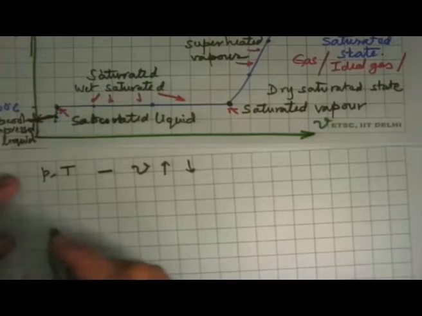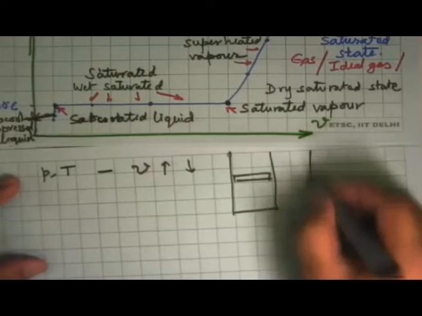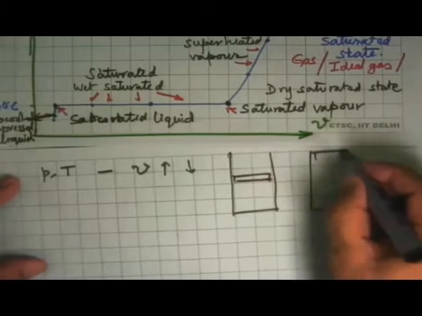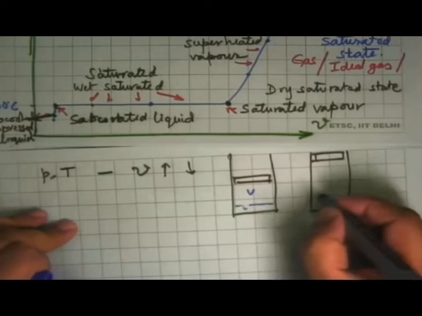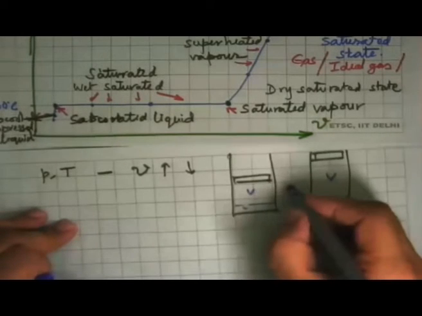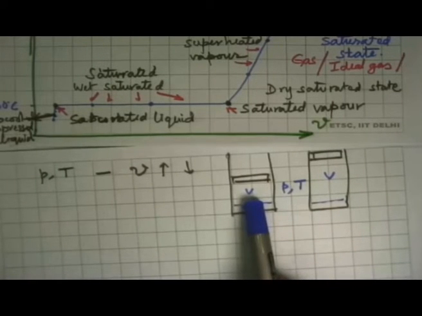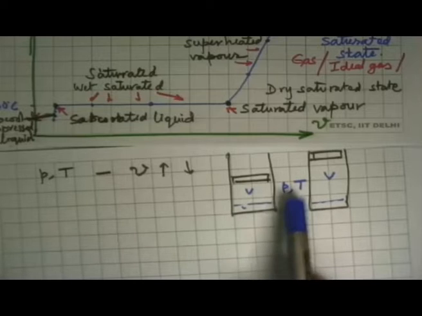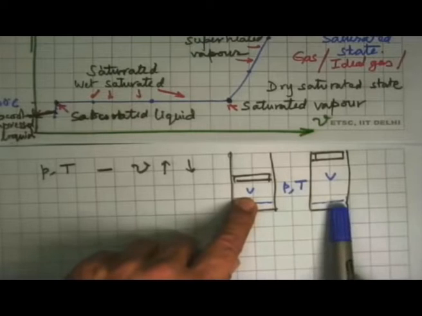Which means that if I have two containers, one has this much volume, the other has this much volume, and this has this much liquid and this much vapor, and this has this much liquid and this much vapor, and both are at the same pressure and temperature P and T. And so if I know the pressure and temperature here, tell me what is the specific volume, we now have a problem. Because of the same pressure and temperature, this specific volume is also possible, this specific volume is also possible.